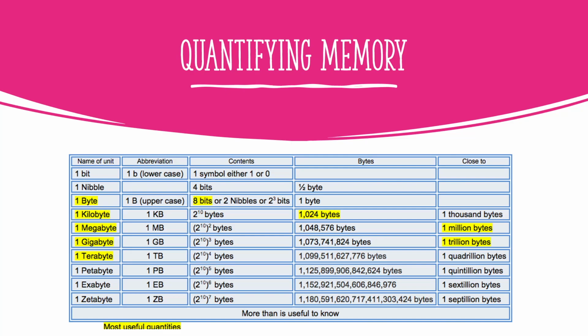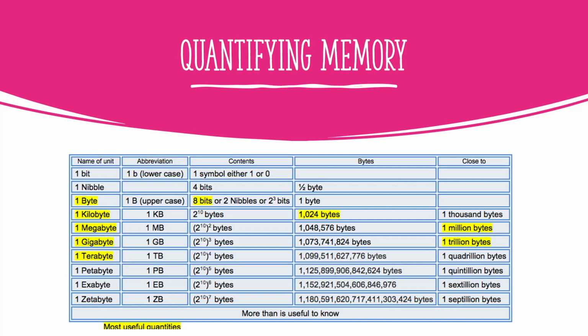And here are some useful quantities that you should know. There's byte, kilobyte, megabyte, gigabyte, and terabyte. You can see how many bytes each of these have. Like 1 terabyte is 1 quadrillion bytes. That's a huge number.